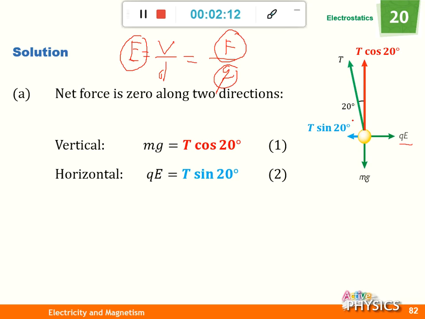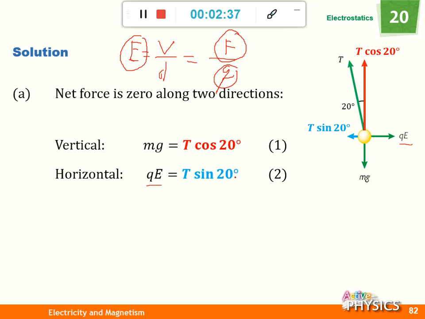The other is the horizontal component to balance QE. Finally, we can set up these two equations. The vertical one: mg equals T cosine 20 degrees. For the horizontal one, the electric force QE should be equal to T sine 20 degrees.